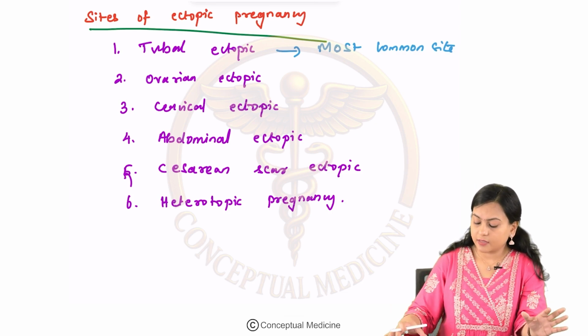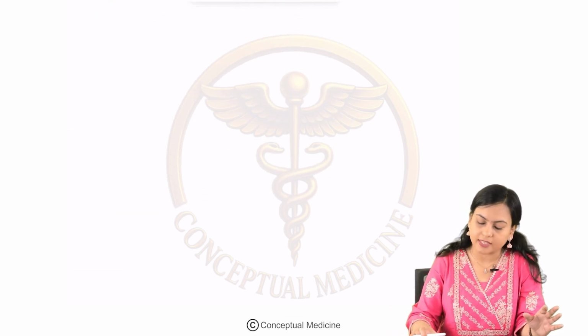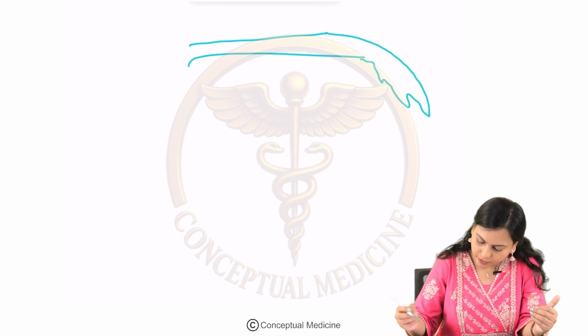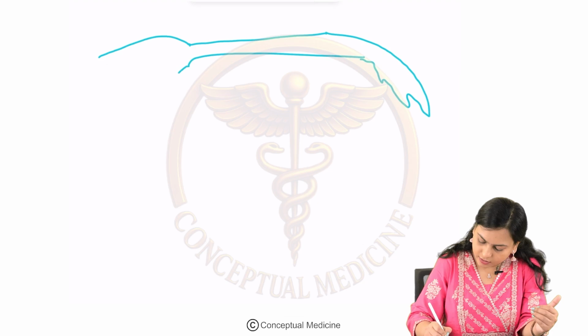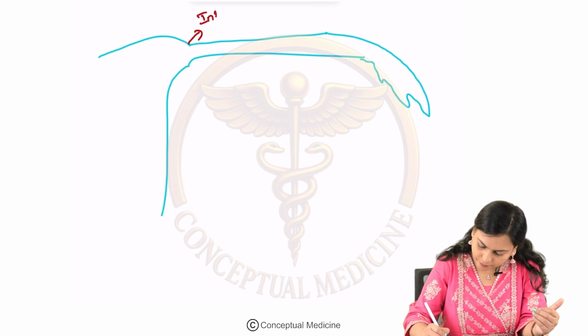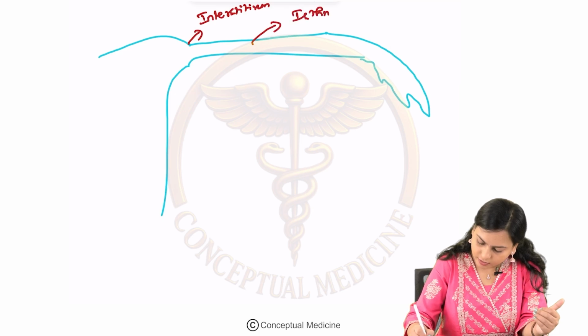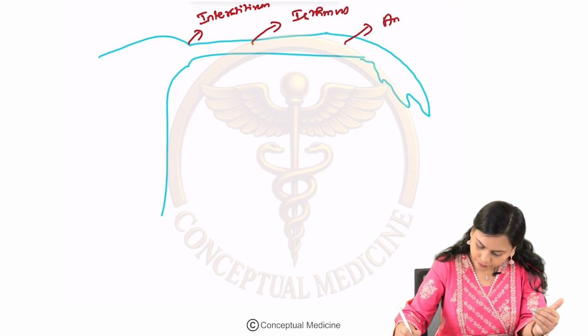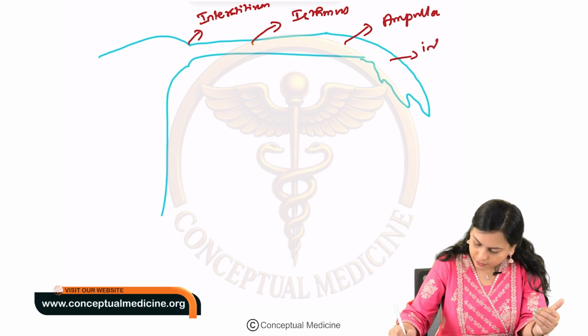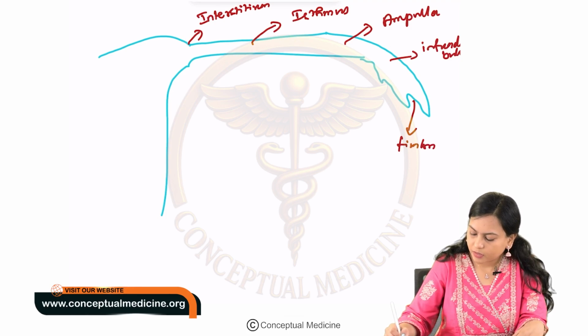First let us make clear about the tubal ectopic sites also, because these are the parts of the tube, right? Suppose this is the uterus that is coming here. What are the parts? We have the interstitium, the isthmus, ampulla, infundibulum, and these are the fimbriae, right?